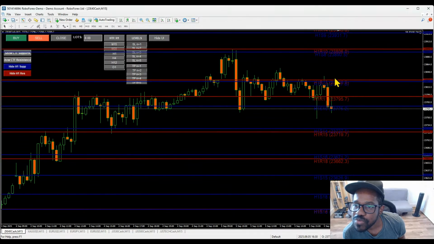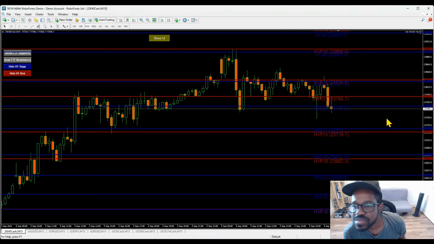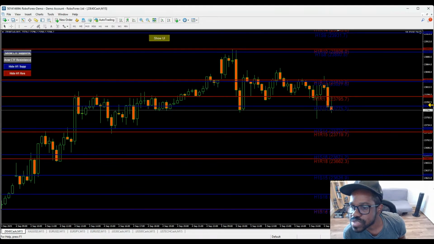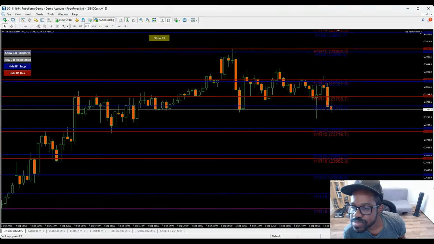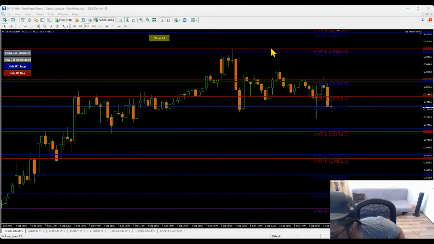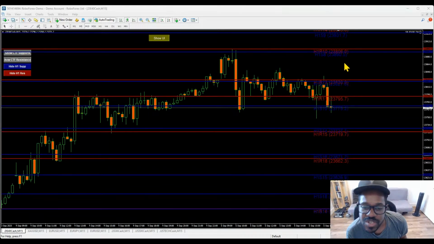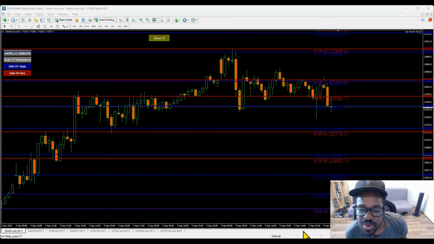So that's a powerful level to be looking at. So that's why I told you that it was supposed to be going down. We do have a fair value gap at the bottom here, and we should see a continuation of that here. And so make sure to manage your trade accordingly.